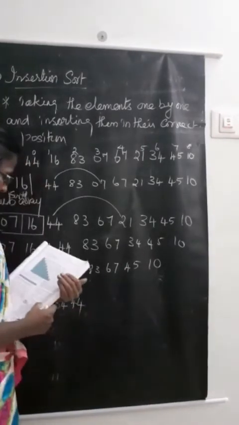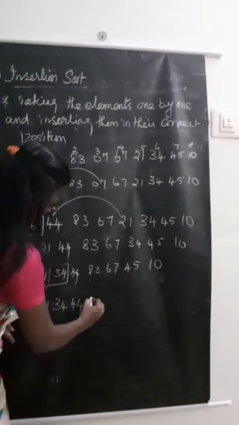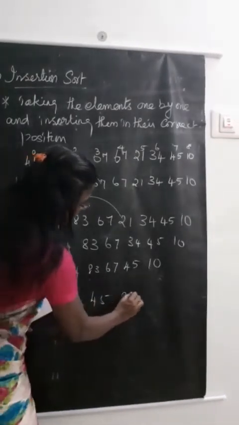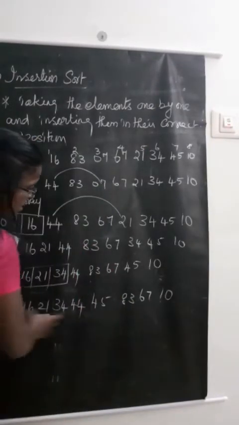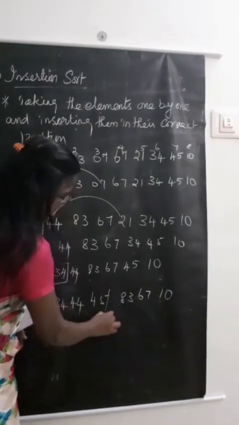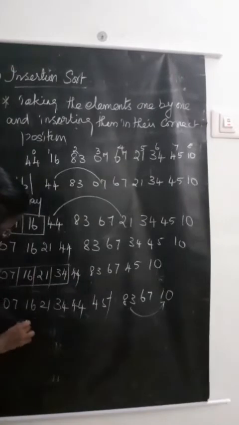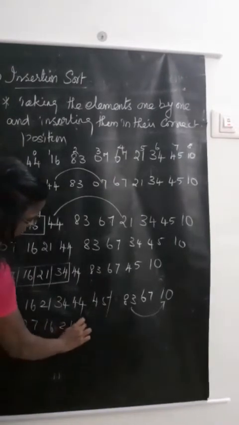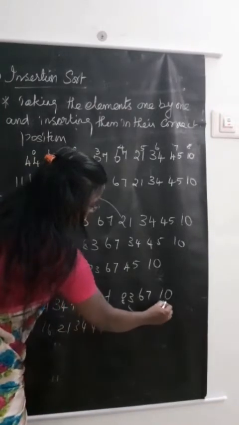Then 44, 45, then 83, 67, 10. The last element 83 is compared with 10. 07, 16, 21, 34, 44, 45, and again 10.